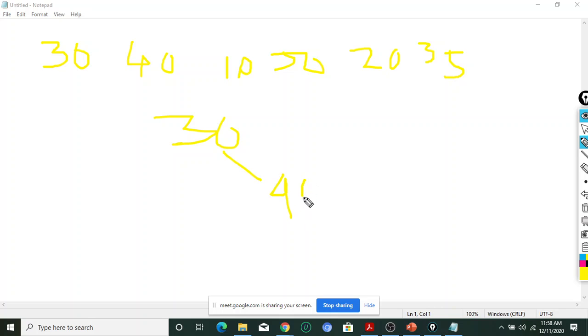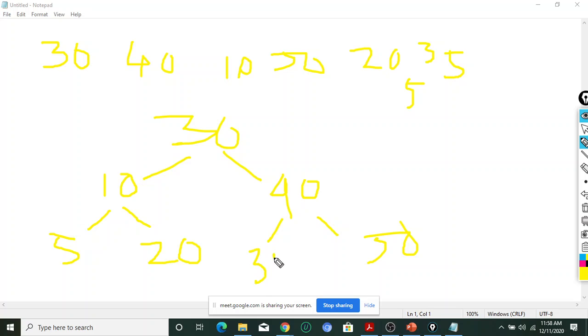Whether I am right or wrong, please inform me. 20 on the left-hand side, then 50 on the right-hand side. If I consider 5 here also, 5 on the left-hand side, I am just making a tree which is log n. And if I consider 35, then 35 goes under 40.